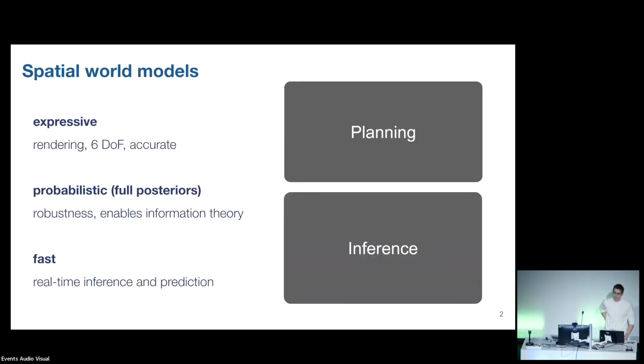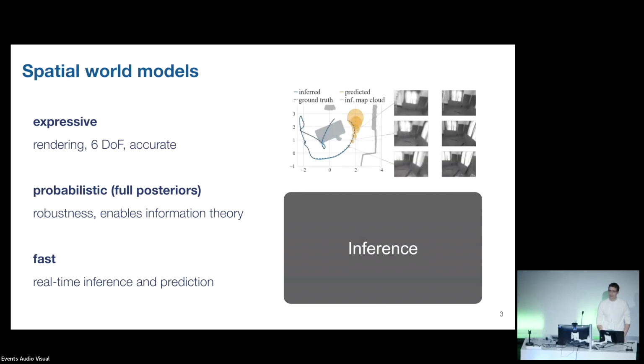So what is a spatial world model to us? By a spatial world model, we generally mean a probabilistic generative model that can predict agent motion and visual perception as well. And we care about these models because we want to enable long-term planning.